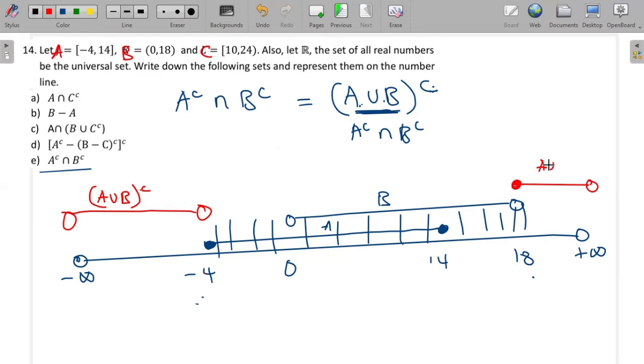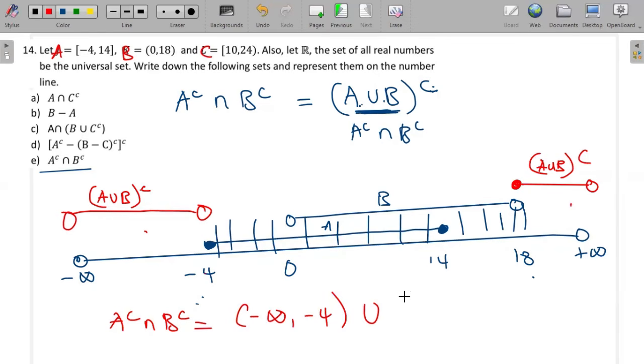So this will be the second part of A union B complement. So our answer for A complement intersection B complement will just be the union of these two. So it will be from minus infinity all the way to minus 4, union 18 all the way to positive infinity. So this will be the answer.